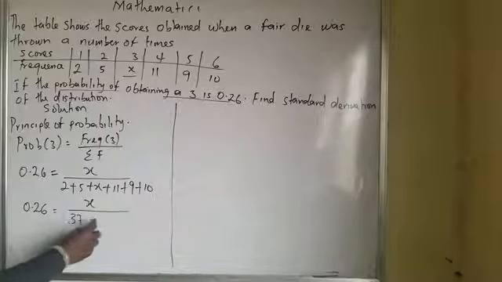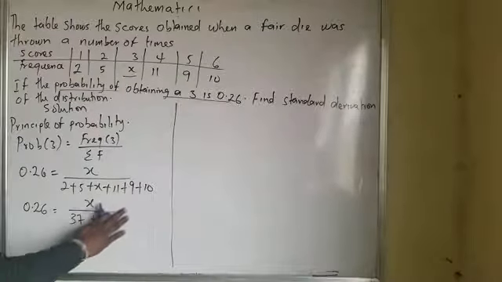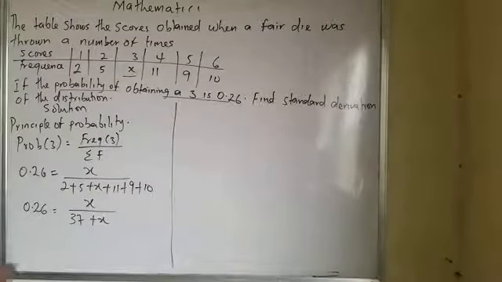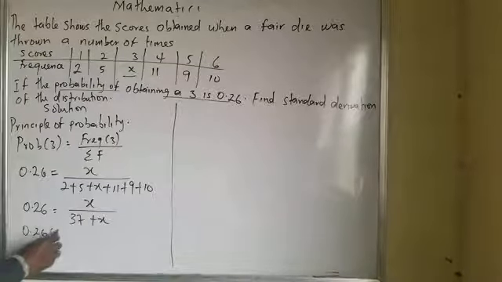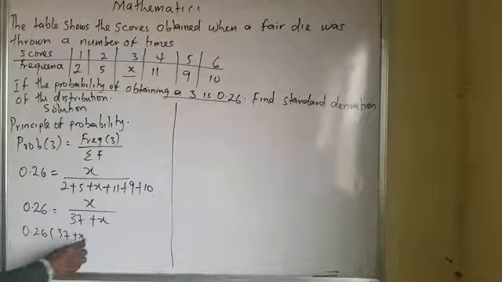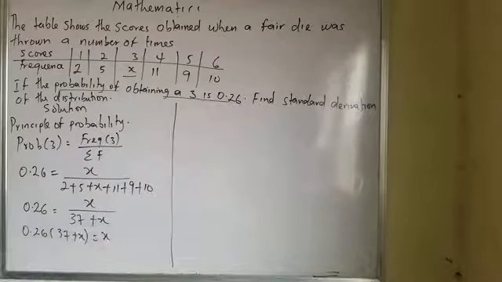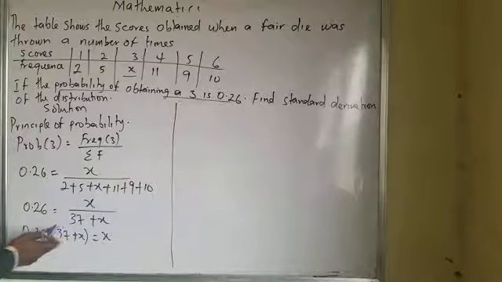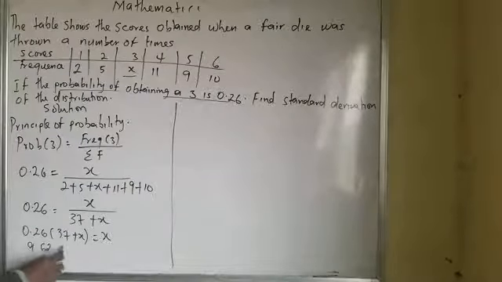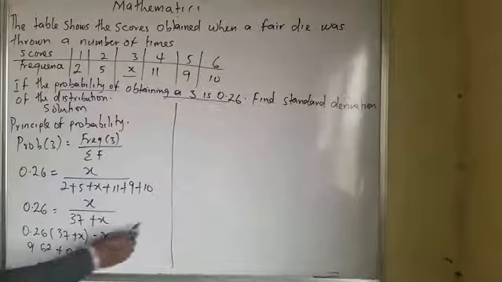I have 37 plus x, which I cross multiply. I have 0.26 bracket of 37 plus x equals x, which I will be having, this multiplied by this, it will be 9.62 plus 0.26x equals x.